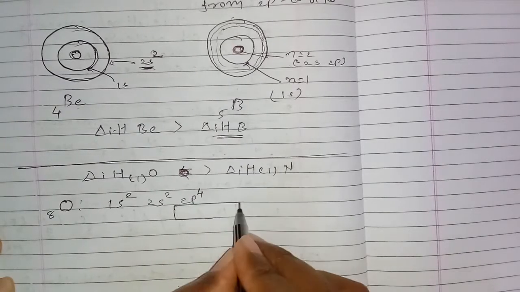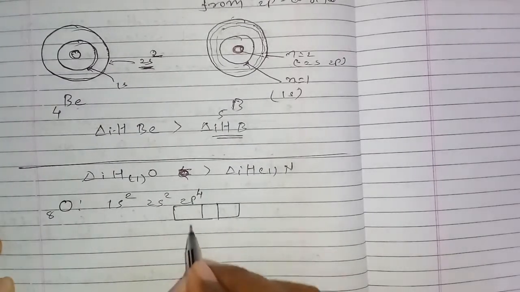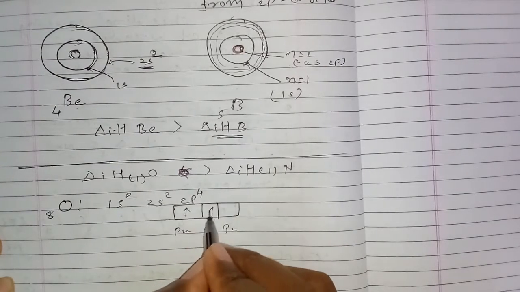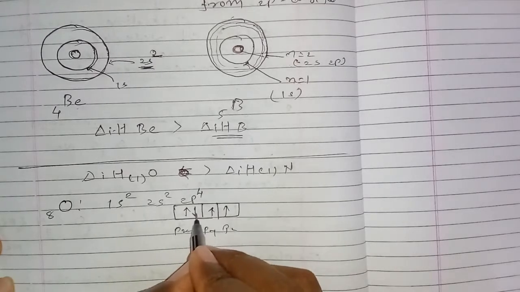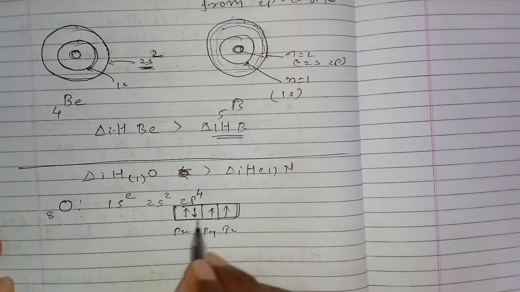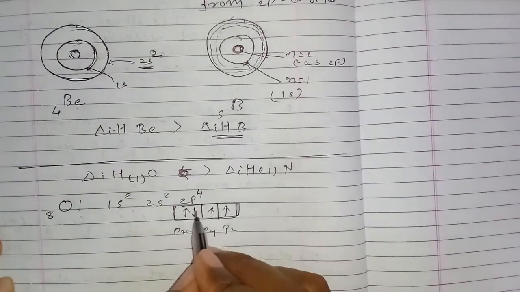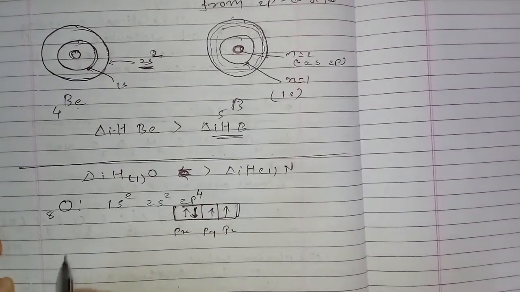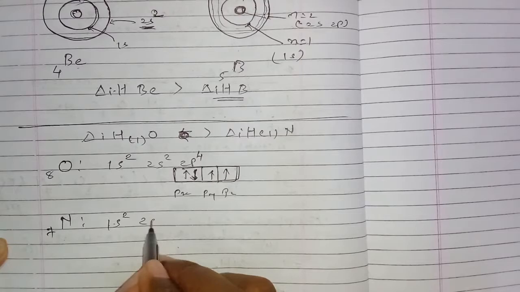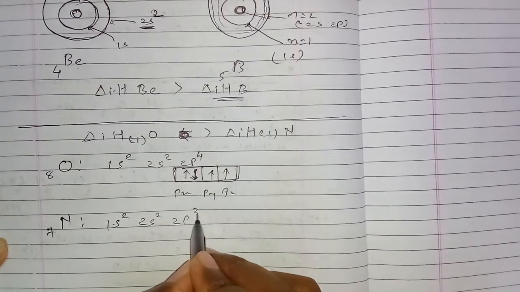Here in 2p orbital, px, py and pz orbital, there are 4 electrons, while in case of nitrogen its atomic number is 7, 1s2, 2s2 and 2p3.